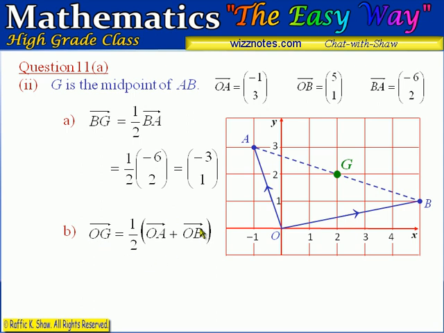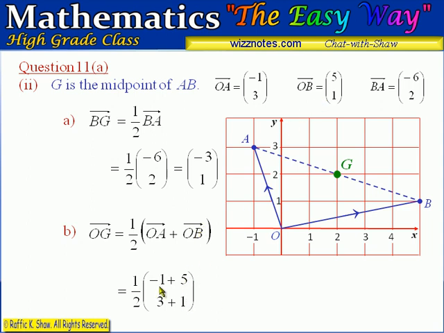So all we need to do is substitute the matrix for OA and the matrix for OB here, and that will give us the position vector of G, which is OG. So that's it. OA is (-1, 3) from here, and OB is (5, 1) from here.